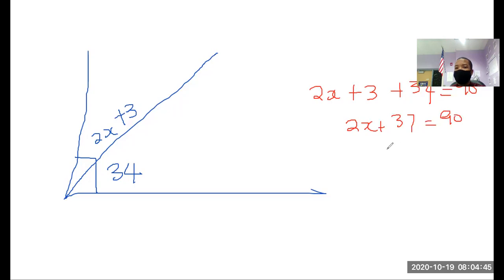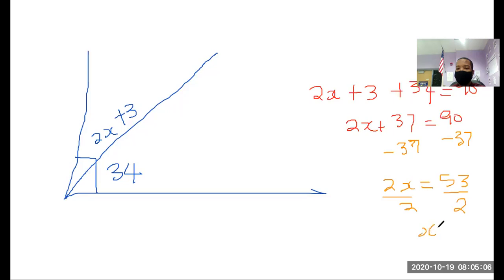And then we have to do the additive inverse, minus 37 minus 37. Whatever you do on one side, you got to do it on the other side. So now we have 2x equals 53. And then now I divide both sides by 2.